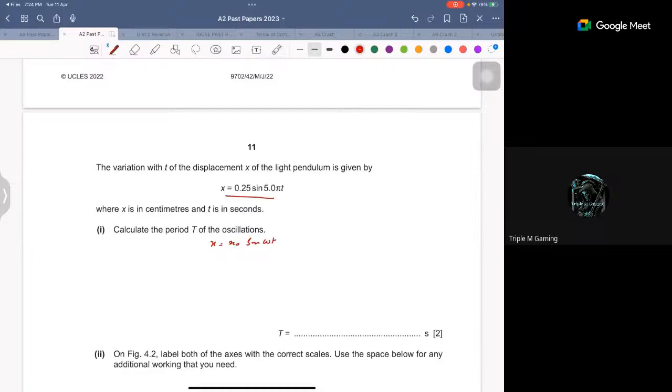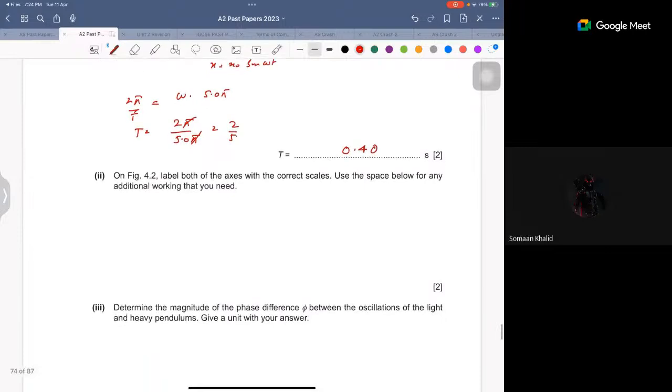You can compare this. So omega in this is 5.0 pi. Omega is 2 pi by T. So T will be equal to 2 pi over 5.0 pi. This will cancel out. 2 over 5.0 is 0.4. Is this answer correct? So 0.40. Very good.